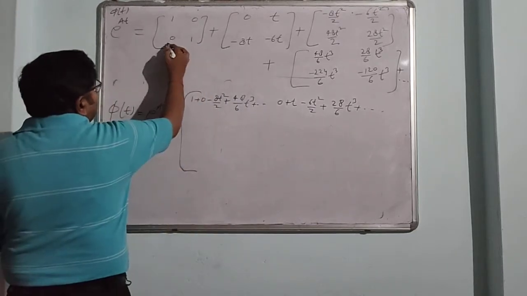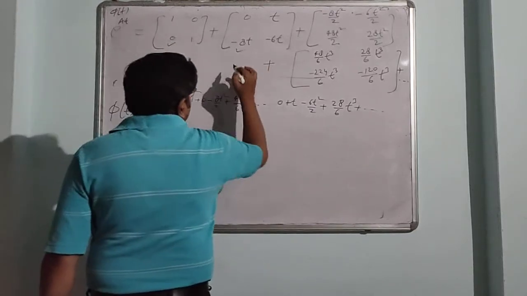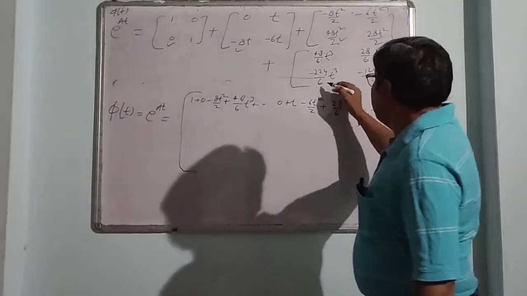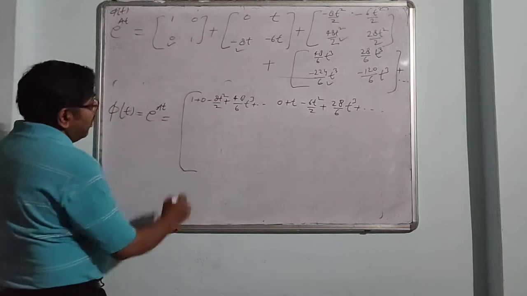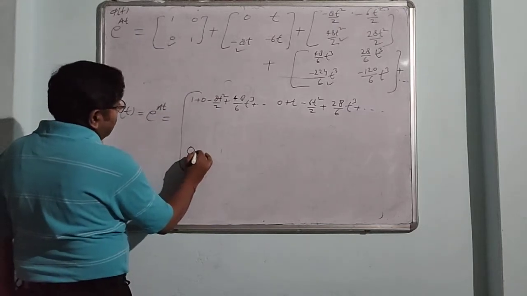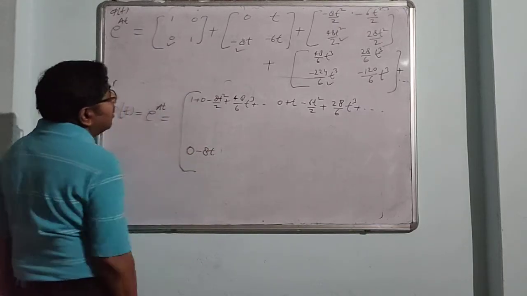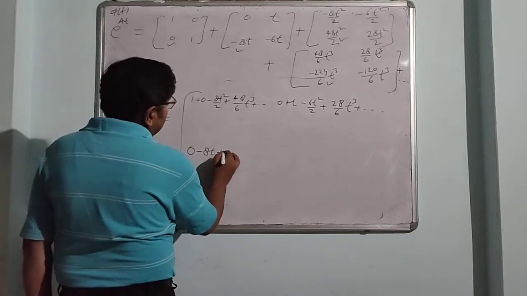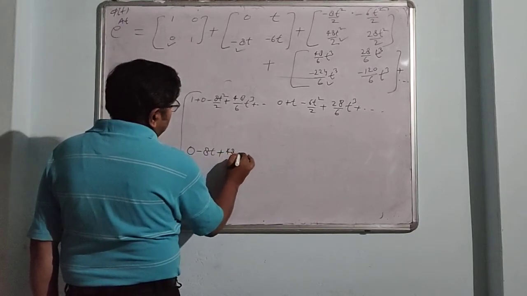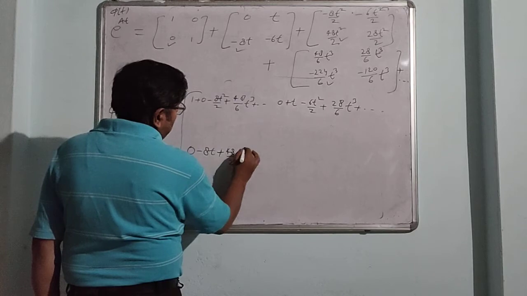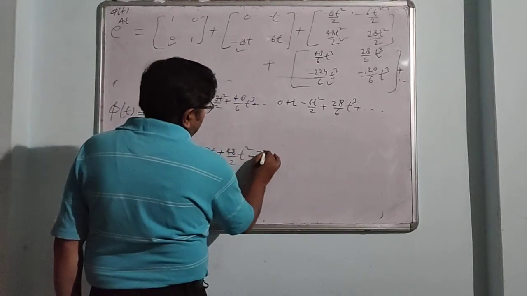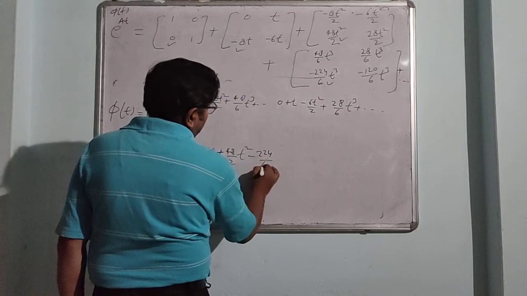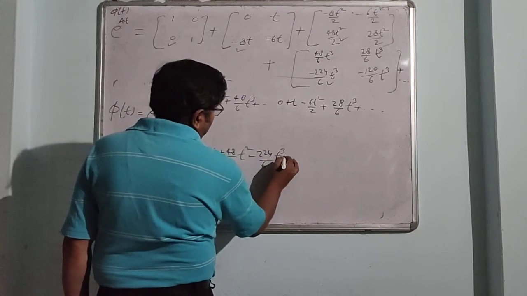Here third term 0 plus this term, then this term, then this term. So for this third one you can write 0 minus 8t plus 48 upon 2 t square minus 224 upon 6 t cube.